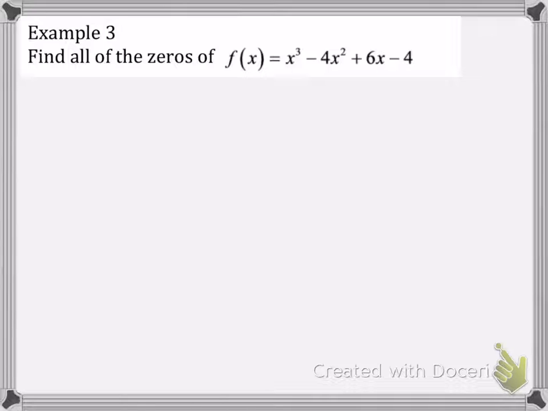Let's try another example. Now we will be using the same directions that we did before. So first, for the positive real, I want to just check f of x.